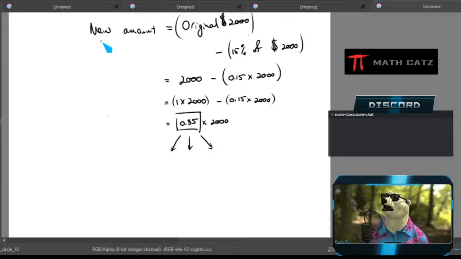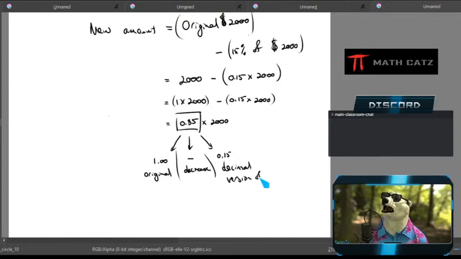It comes from an adjustment of my base amount, 1 or 1.00 or 100% or whatever, from the original that is being adjusted, minus, because of the decrease, and then 0.15 because of that being the decimal version of the percentage in question.